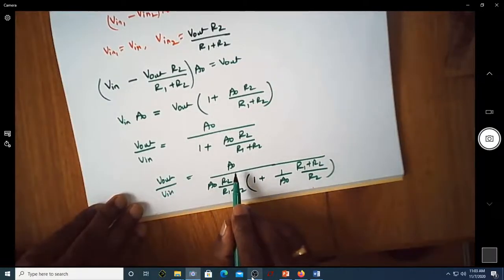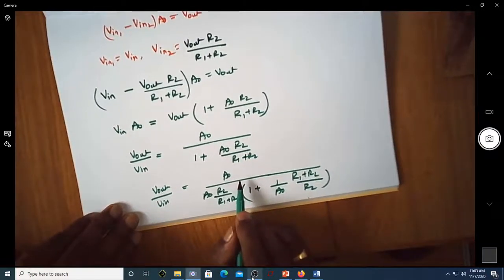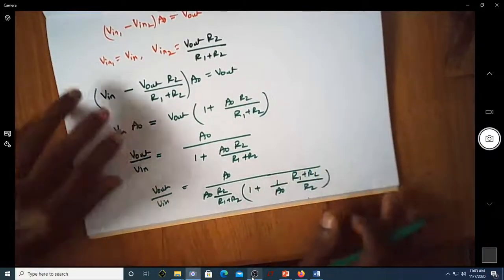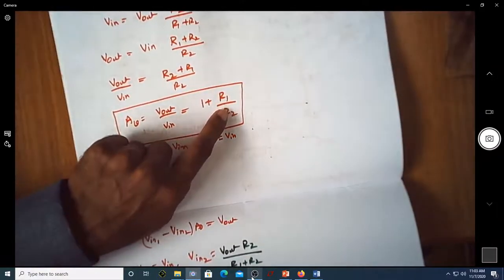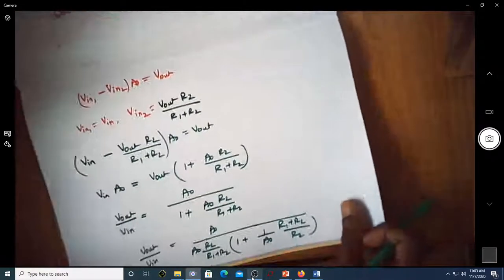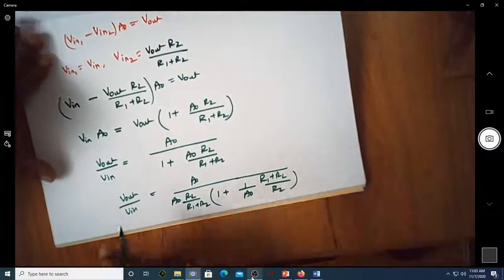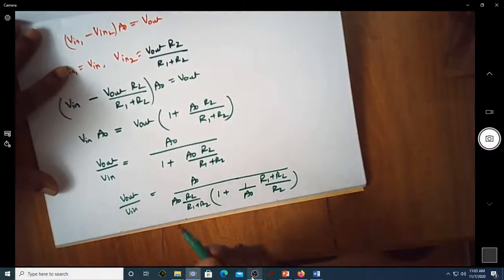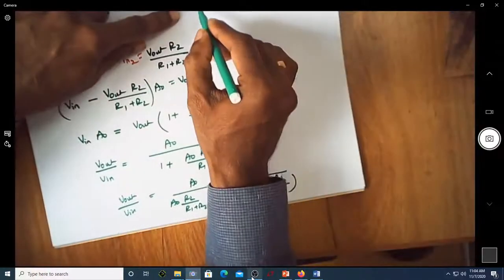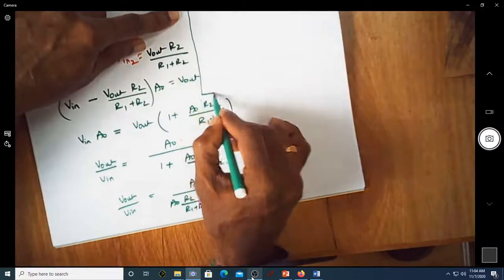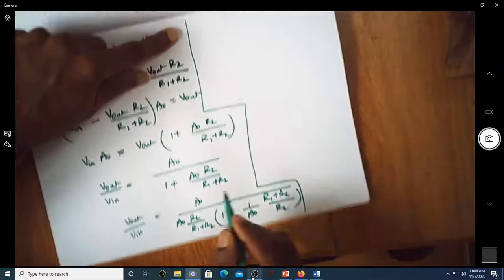Here we are still considering the value of A naught. A naught is not infinity. If A naught is infinity, we have a very simple expression, AV is equal to 1 plus R1 by R2. So now we are trying to find the expression for AV if A naught is not infinity, suppose A naught is some finite value. So let me continue.